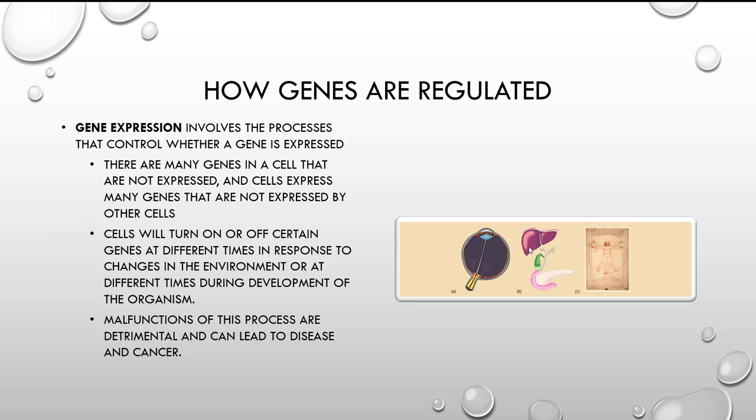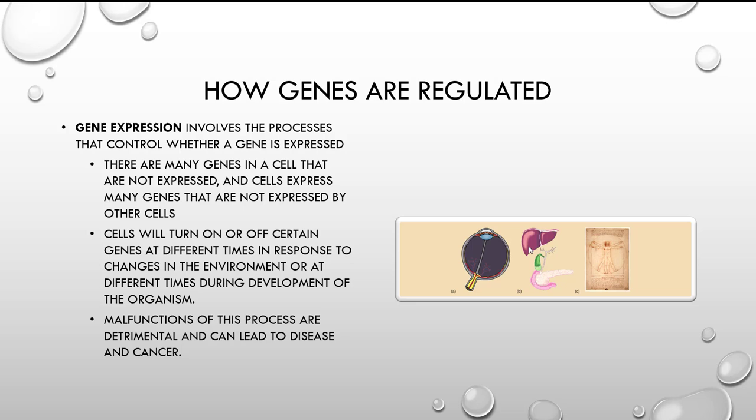Depending on when certain things are needed, like times of starvation, you might have a certain gene turn on. Or times when it's really hot outside, you might have a certain gene turn on. Or in response to some sort of environmental stimuli, or even at different times during the development of an organism.